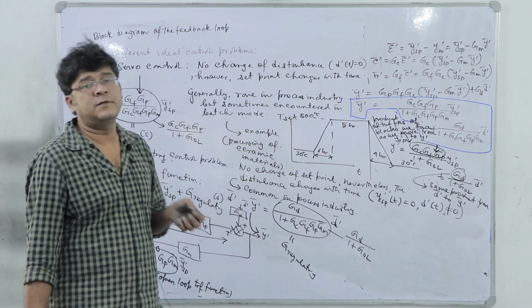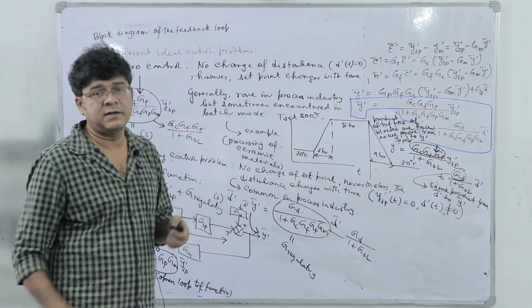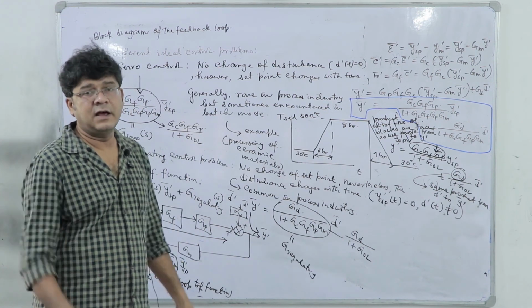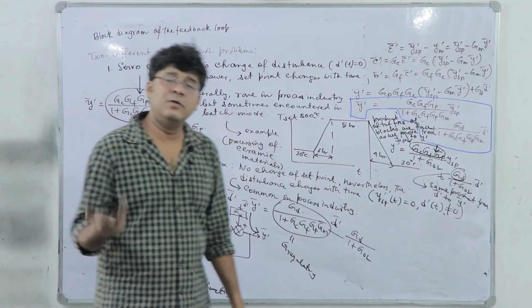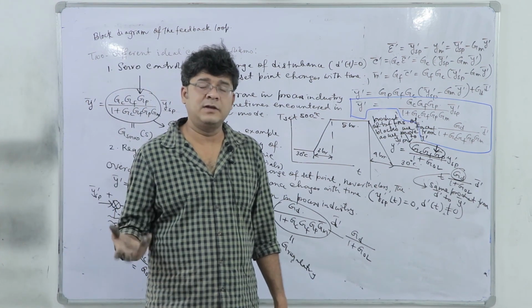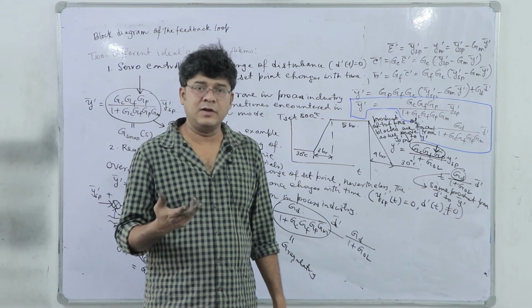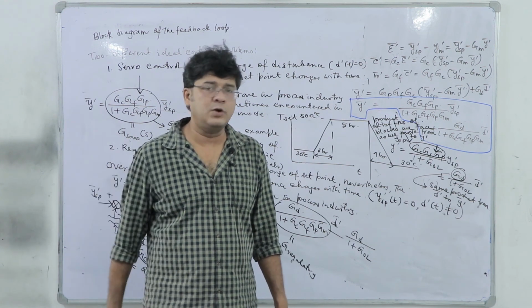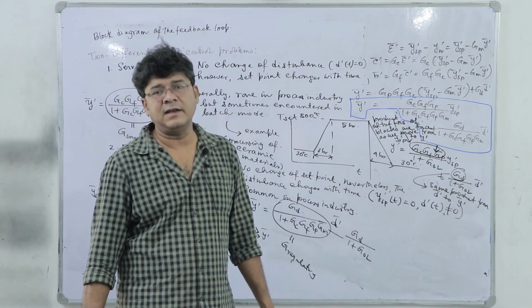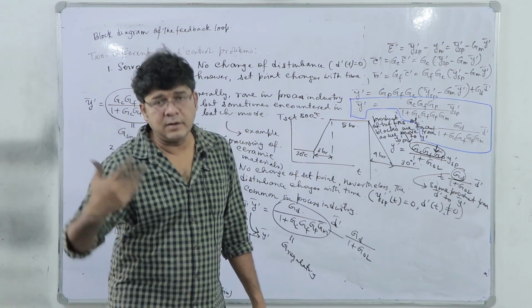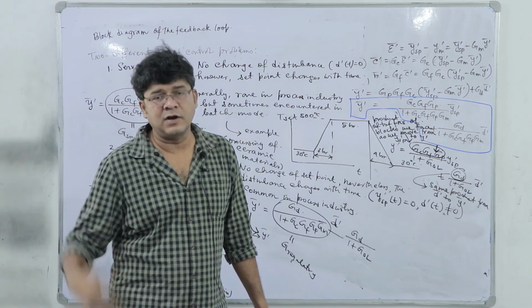In the next session, we are going to discuss the dynamics of this feedback control loop, considering a simplified version. We will neglect the dynamics of the measuring device and the final control element, that is, Gm and Gf will be set equal to 1 for simplification and initial understanding. We'll consider maybe a proportional controller and a first order process.